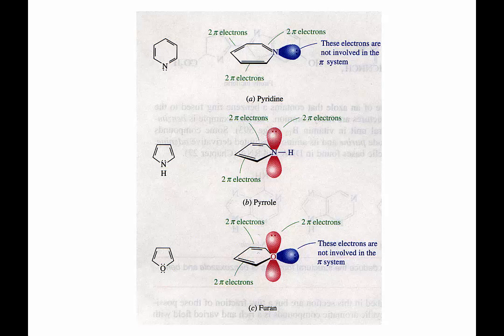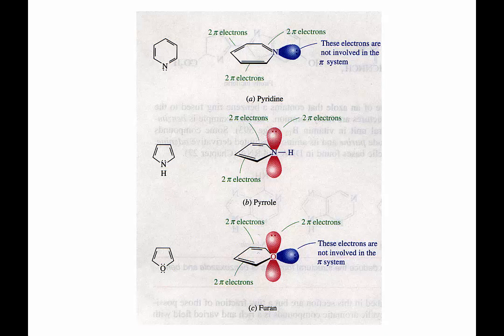So we already know a C minus is basic, right? A C minus is basic because it's a C minus. It wants to get neutral and pick up a proton.